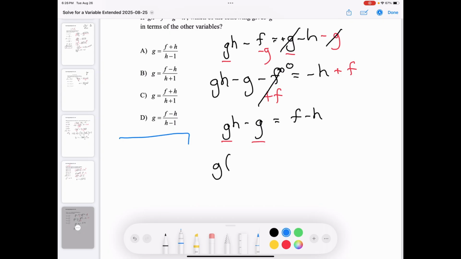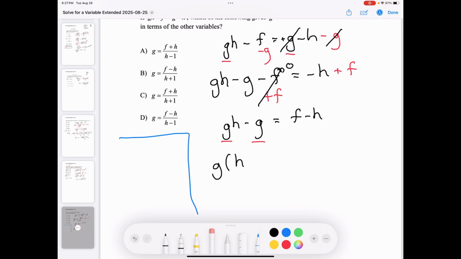Now, right here to the left, I'm going to perform some extra math. What we have to do is take each term and divide it by the common factor. So I'm going to start with GH divided by G. We have a G in the numerator and a G in the denominator. So those are going to cancel out because they're equal to 1. That leaves me with H. Great.